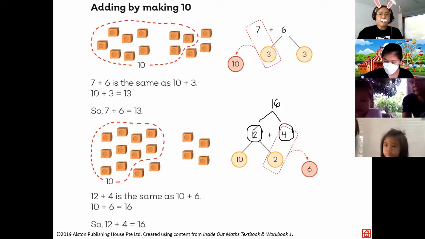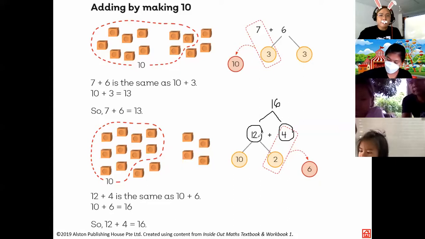Now let's try to find numbers where we can make 12. So 12, we have 10 and 2 make 12. And then 4 and 2, that makes 6.